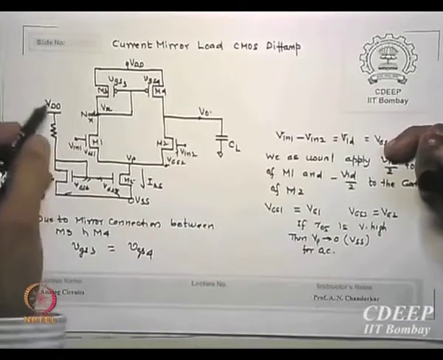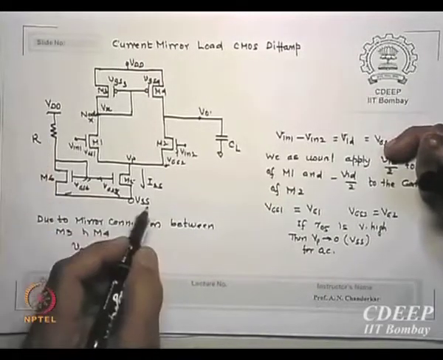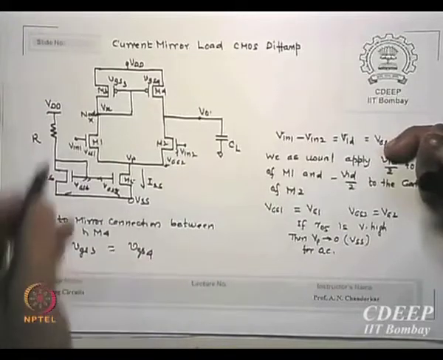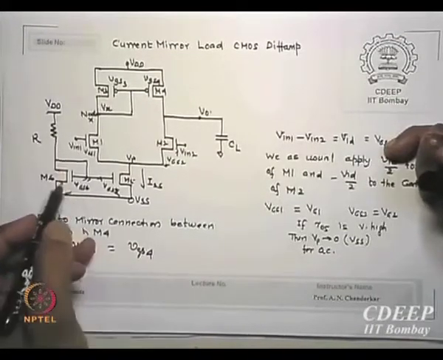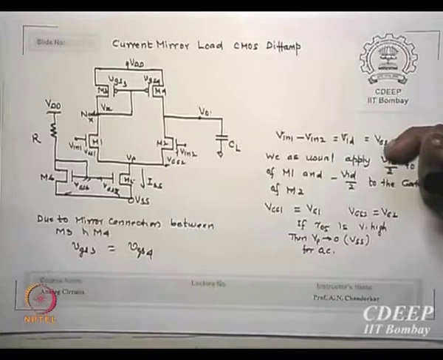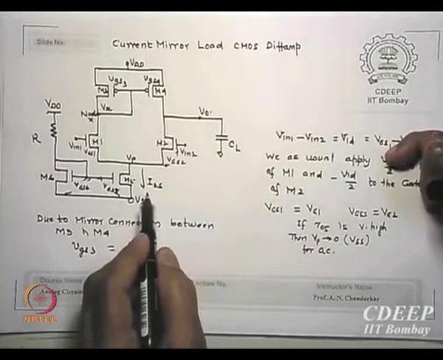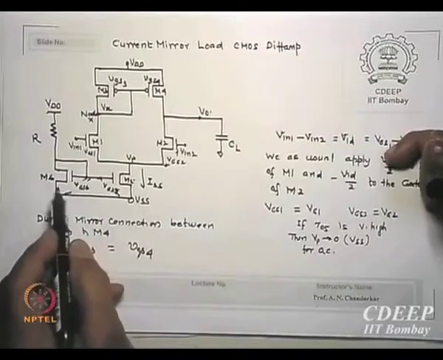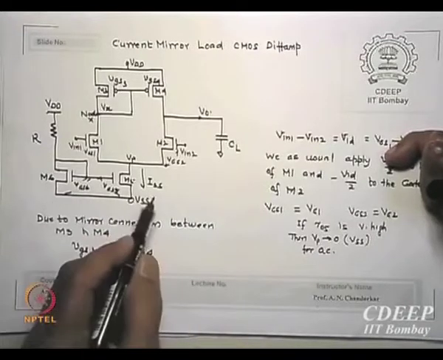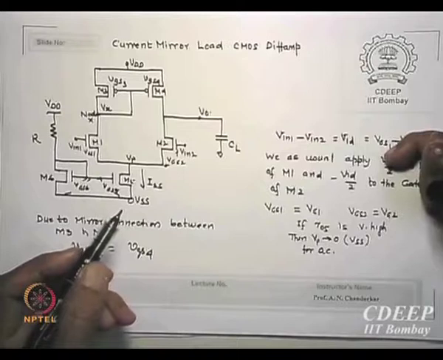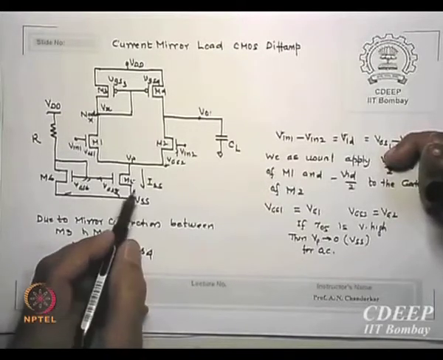One method is to create the same current and transfer it here 1:1, or make any current here, take a ratio of these two and push the current of your choice into M5. I want, say, 5 milliamp current: I may create 1 here but keep a ratio of 5 and pass 5 milliamps here. Is that clear? So that is the way we can create the current sources at M5.